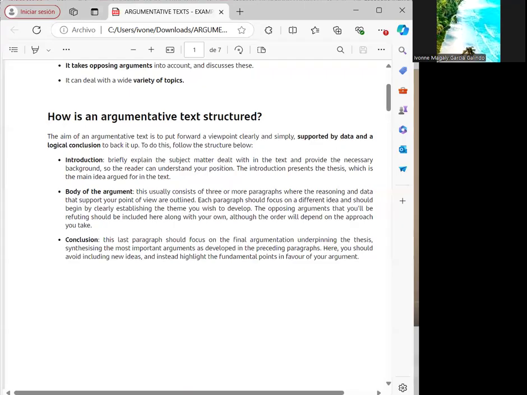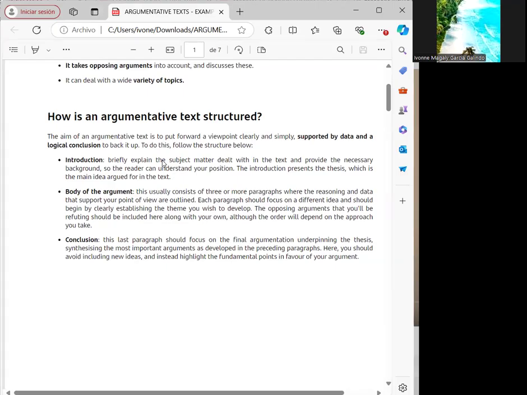So we have the introduction, the body of the argument, and the conclusion. In the introduction, you have to explain the subject, but you have also to put your position, your point of view. Maybe you can introduce, well, not maybe, but you don't have to.